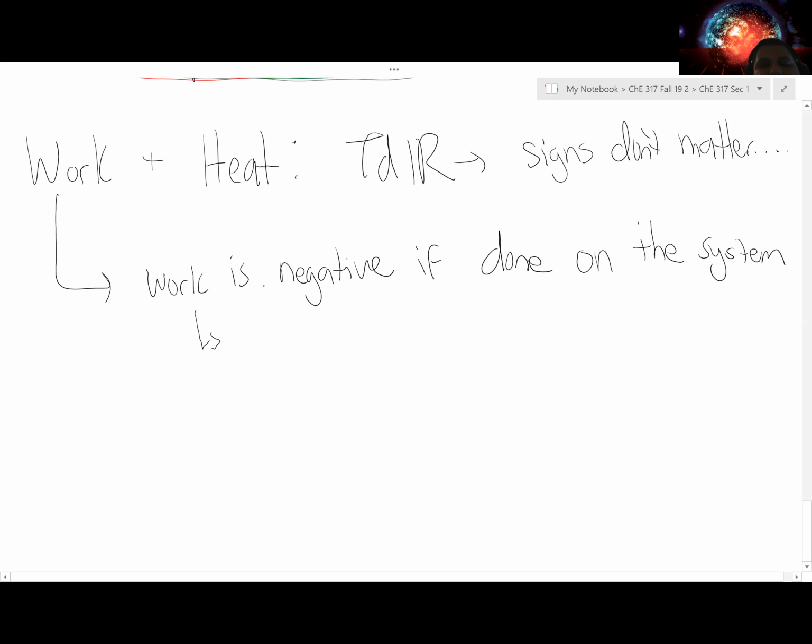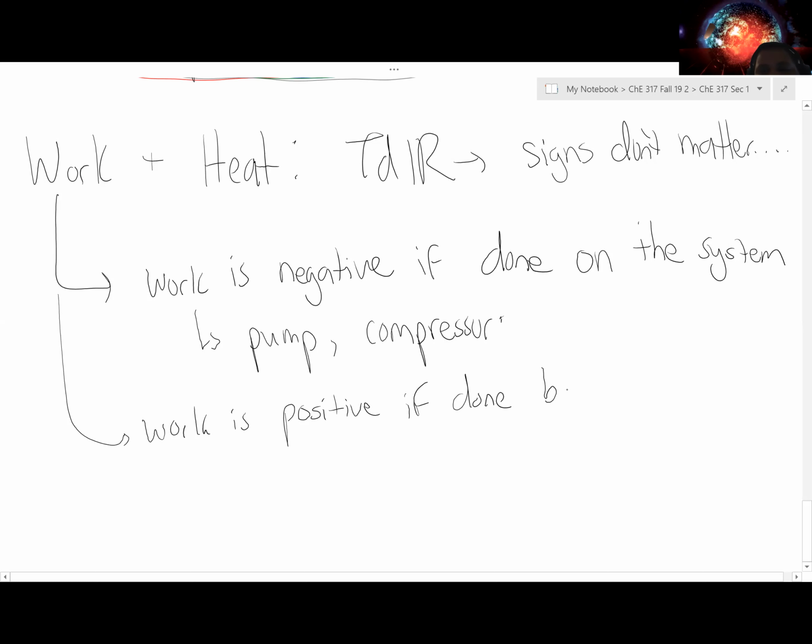Meaning if I have a problem that's got a pump that's supplying power or a compressor that's supplying pressure energy, so that's usually what pumps and compressors do, I'm going to consider that work negative. And work is positive if done by the system.